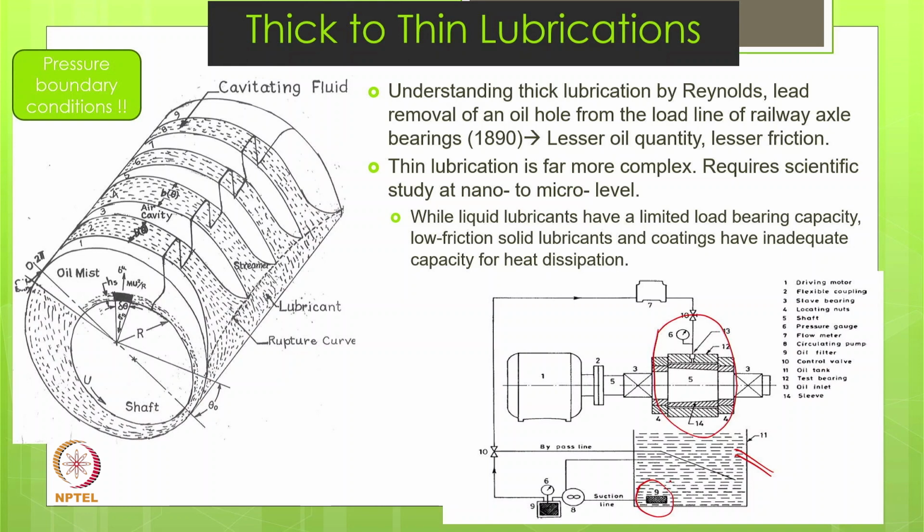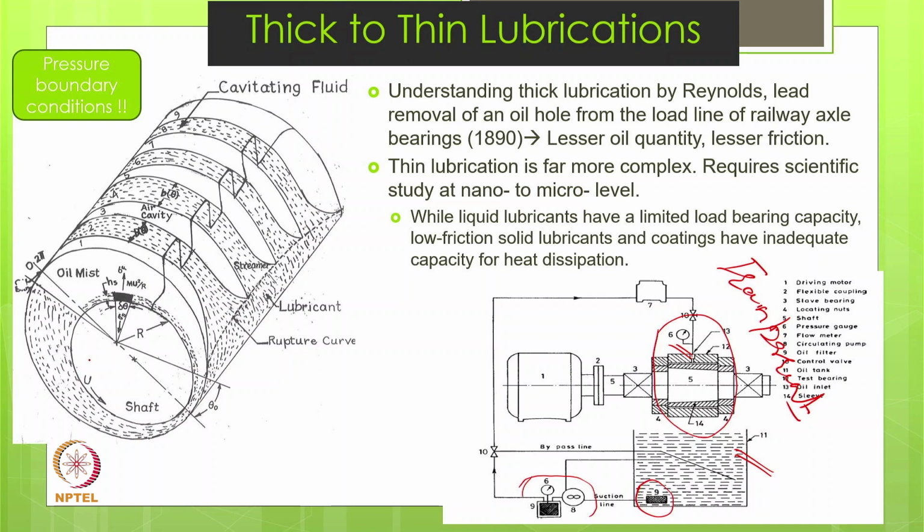There is a filter mechanism, there is a pumping mechanism here, and we have some temperature sensors also and a pressure gauge, which we can use to see the differences also. So this was a completely transparent surface, so we could easily see what is happening inside the bearing.